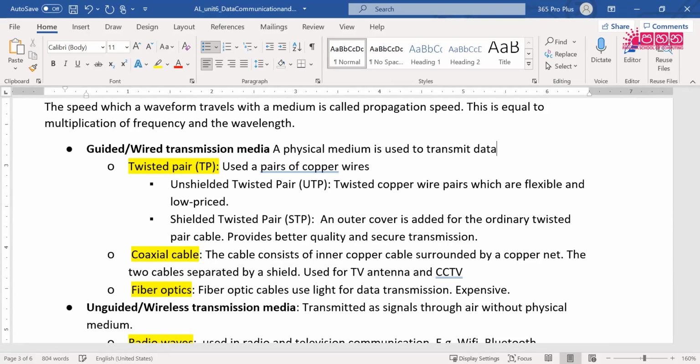Under that, we will have twisted pair cables, and under twisted pair there are different bandwidths.